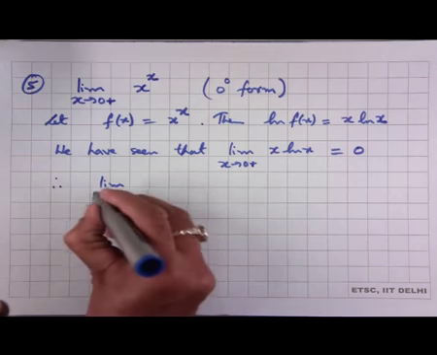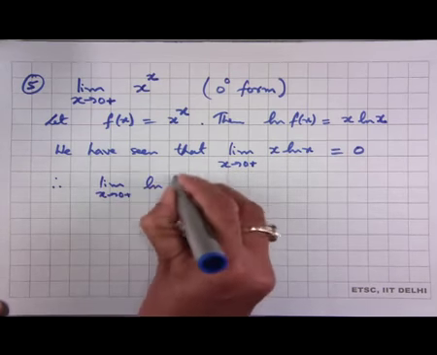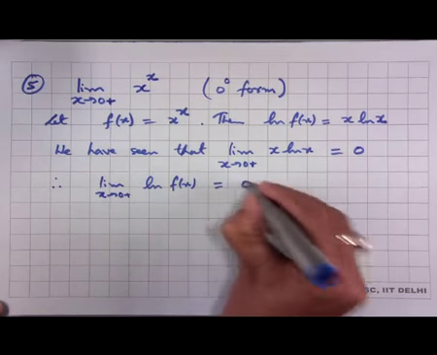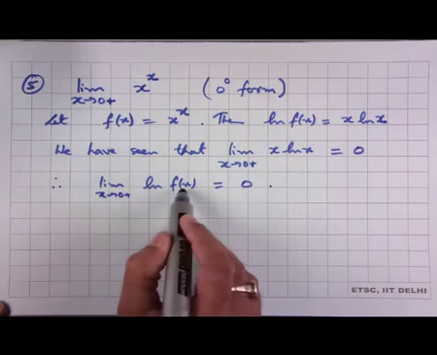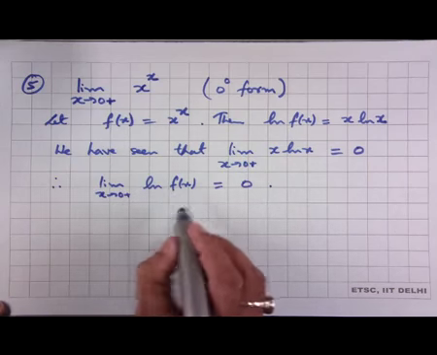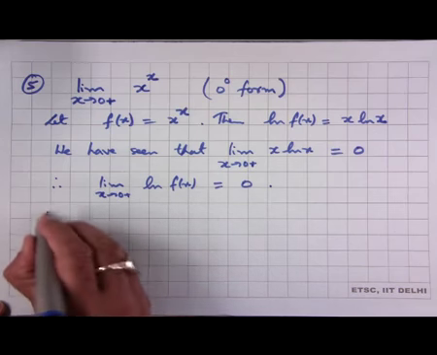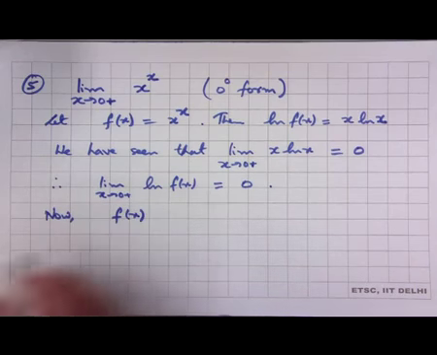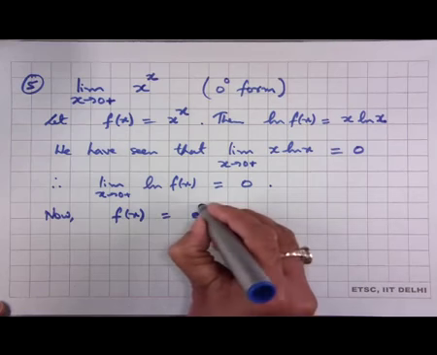So, therefore, limit of x going to 0 plus of log of f x is equal to 0. What we have to find is the limit of f x. Now, f x is nothing but e to the power log f x.